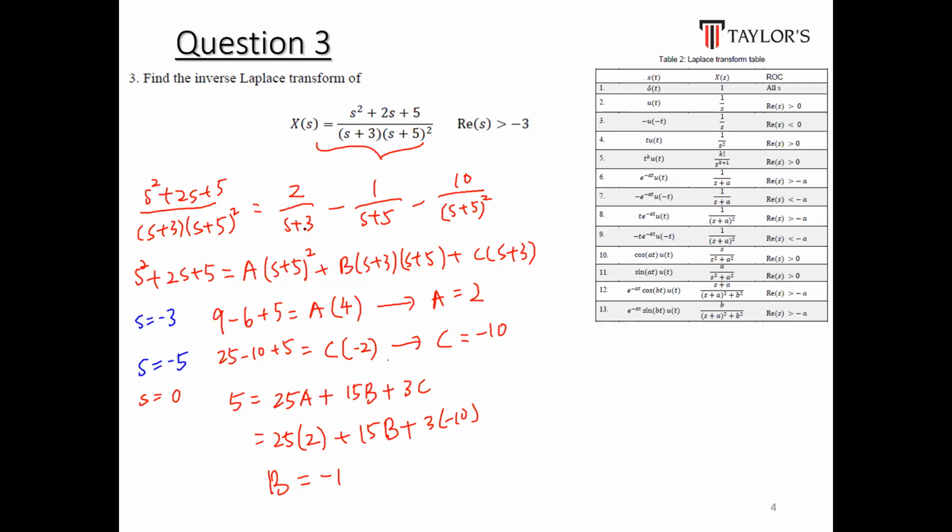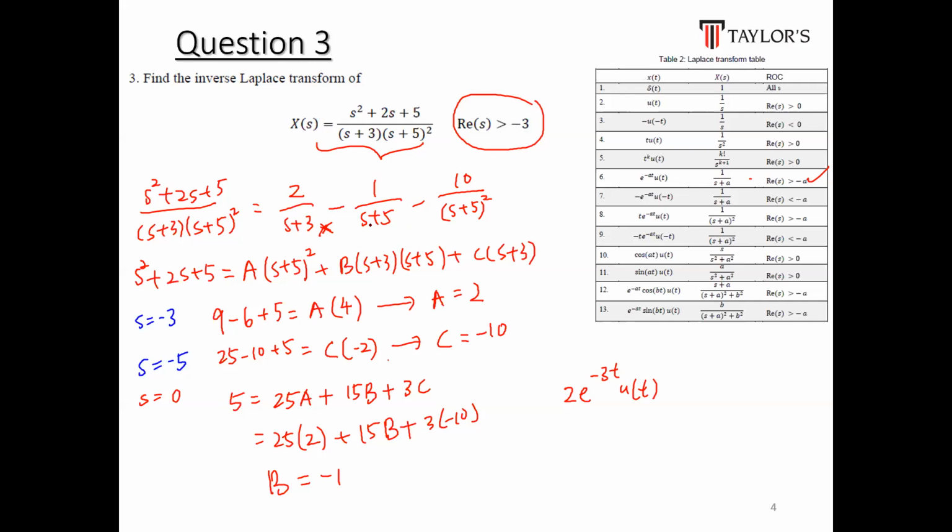So 2 over s plus 3 is here. And then we see our real part of s must be greater than negative 3. So this is correct. So we get 2e^(-3t)u(t). This is for the first part. Now the second part is 1 over s plus 5.